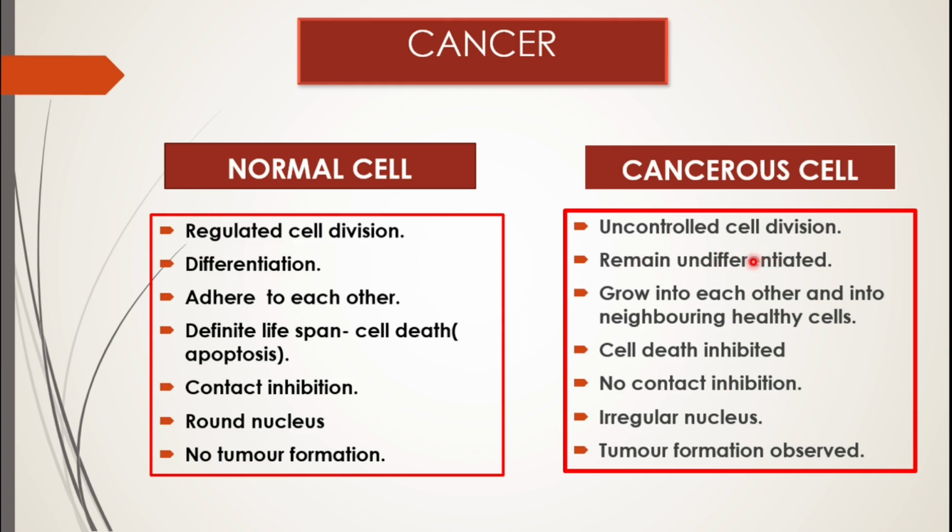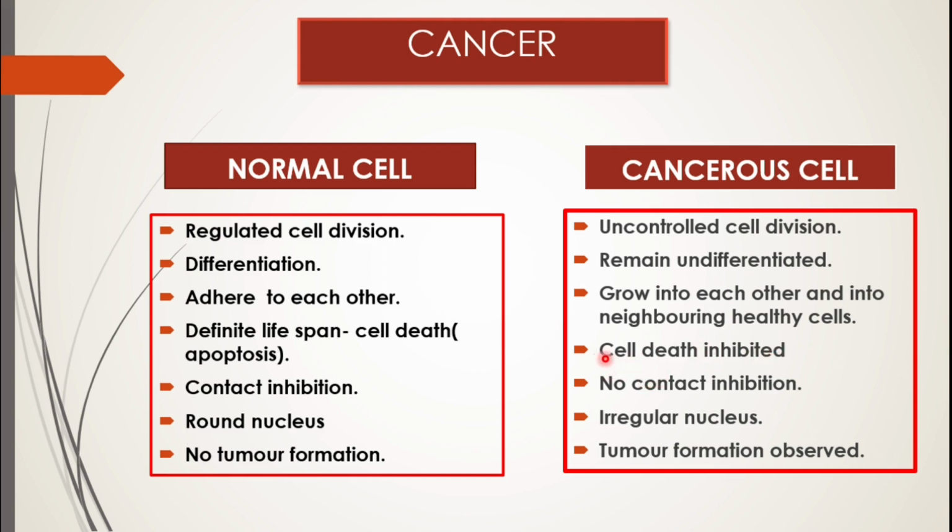You don't find differentiation happening in the cells. They remain undifferentiated. And they do not show contact inhibition. They grow into each other and into the neighboring healthy cells. So contact inhibition is totally lacking in the cancerous cells.